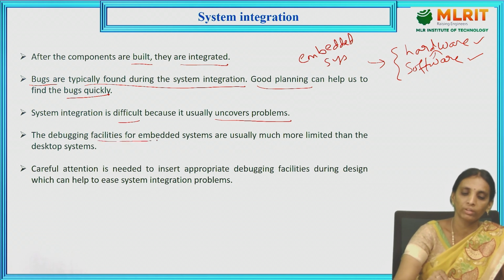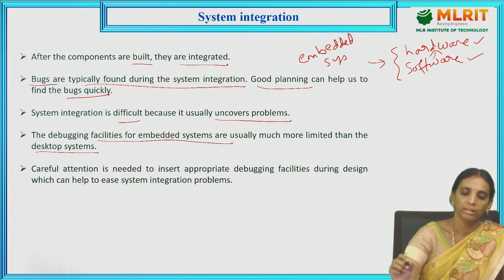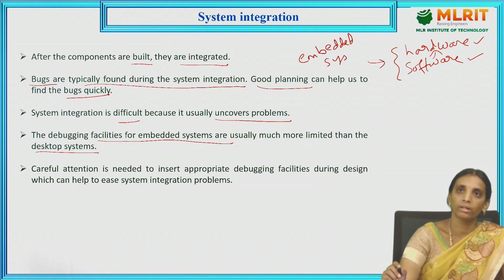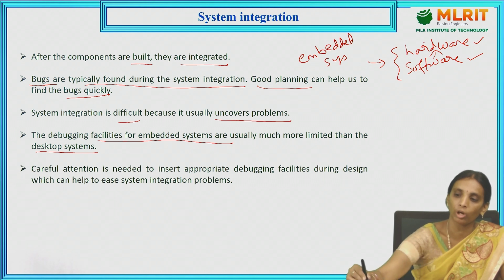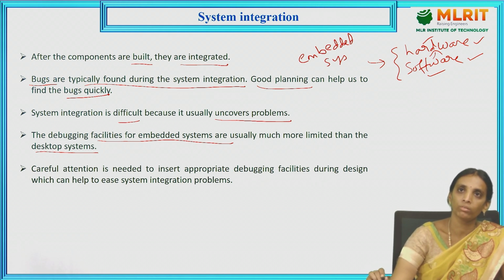The debugging facilities for embedded systems are usually much more limited than for desktop systems. So here we need to use debug tools for checking the hardware components and software components more precisely. Debug tools are available online, and there are many of them. The debug tools are used for testing the entire design in software with the program designed for that embedded system.